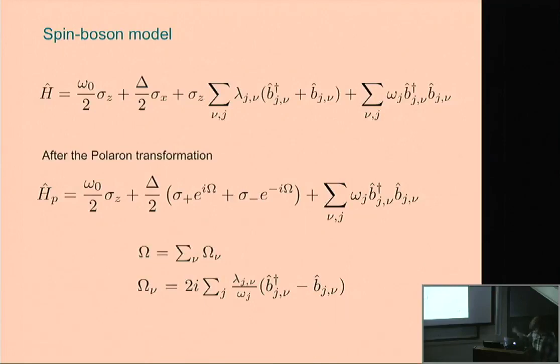After the polaron transformation, this is what you get. So now it's a non-additive interaction model. Now it's a system operator, sigma plus or sigma minus, coupled to this operator, and yes, it's a sum, but it's in the exponent.